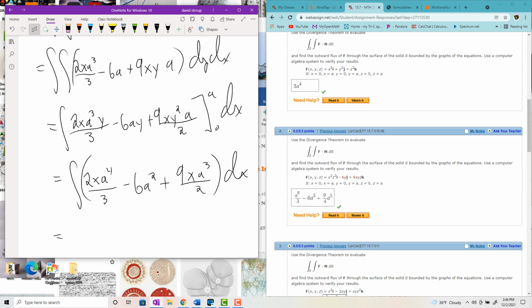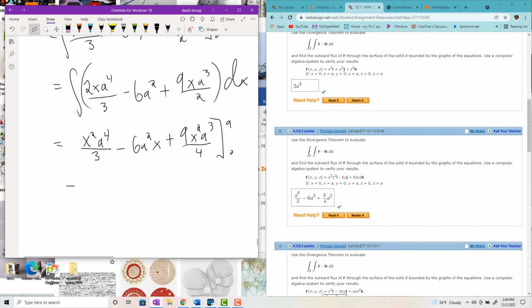So this will be then 2x squared over 2. So we get x squared a to the fourth all over 3 minus 6a squared x plus 9x squared a cubed all over 4, from 0 to a again.